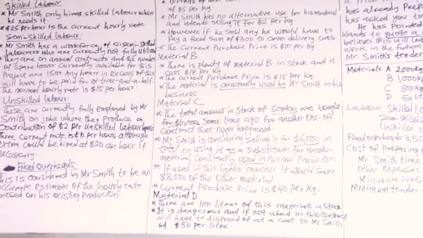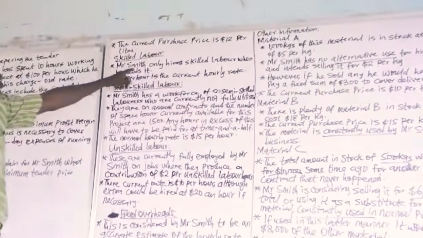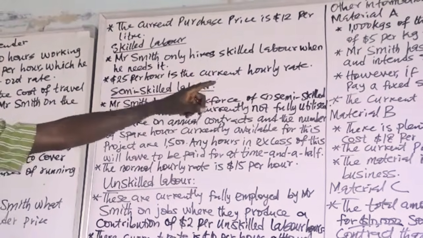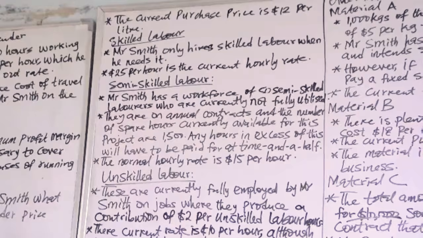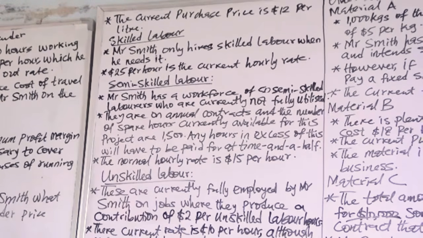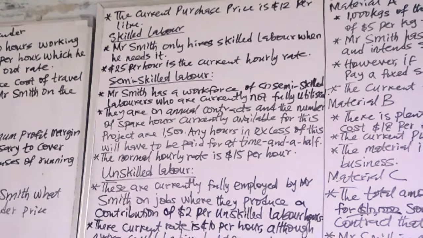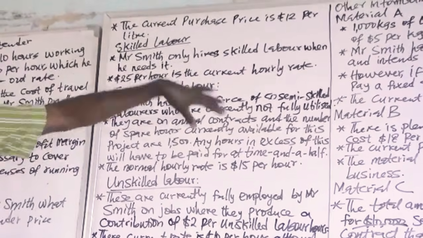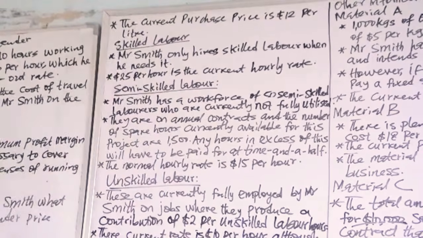That is the skilled labor required. If you go by the note here, Mr. Smith only hires skilled labor when he needs it. So since it will be hired at the time it is needed, that means they are part-time workers, not full-time.